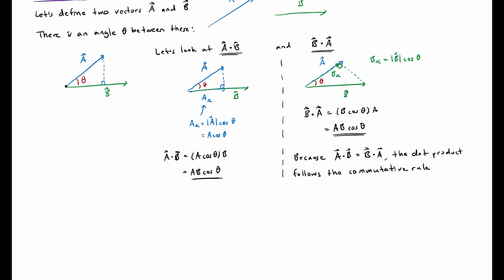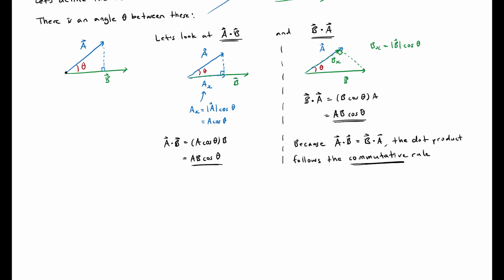In other words, the dot product is commutative. Another thing to remember is the dot product is also distributive.